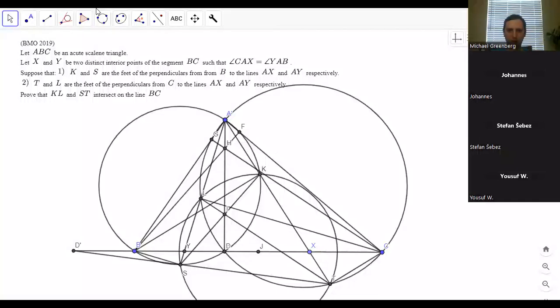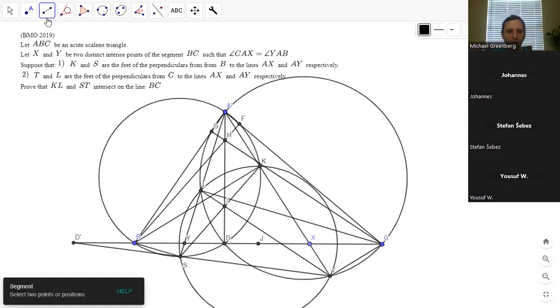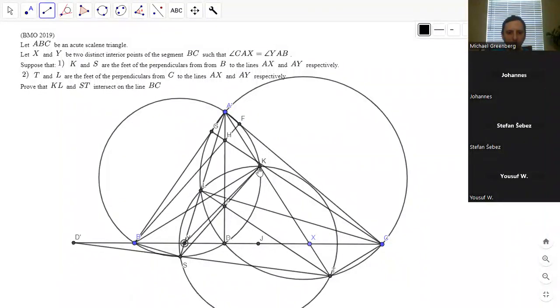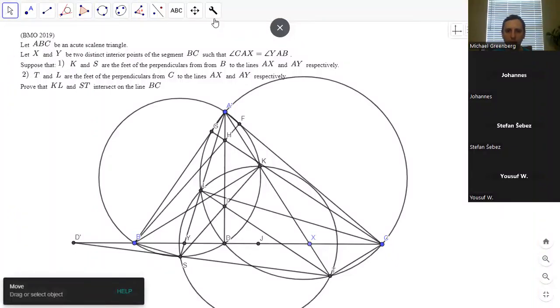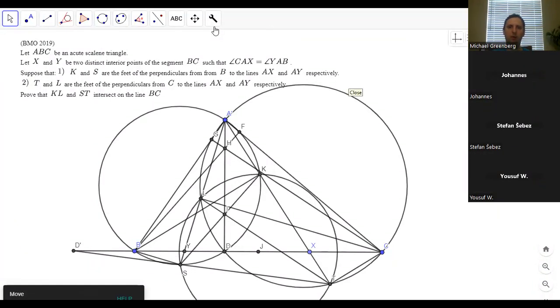Or you can prove XL and YK concur on AB. Interesting. So why is that true? D prime, Y, D, X harmonic.